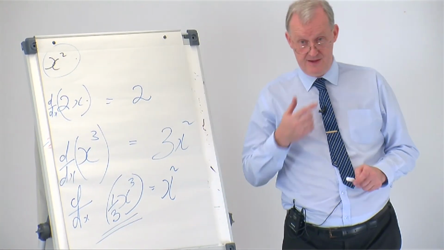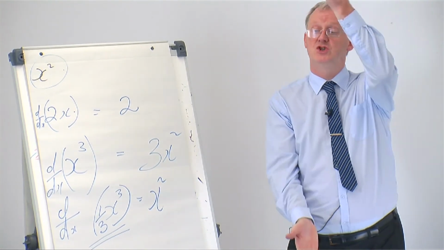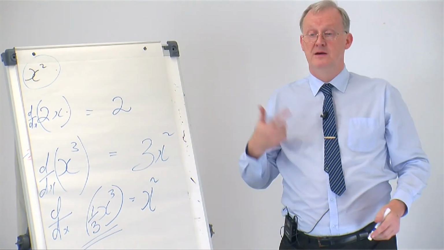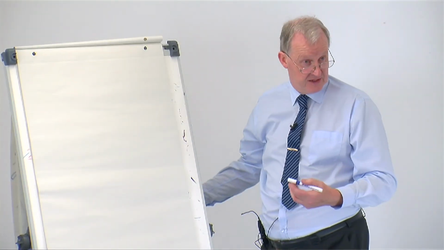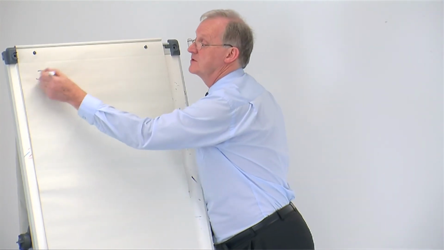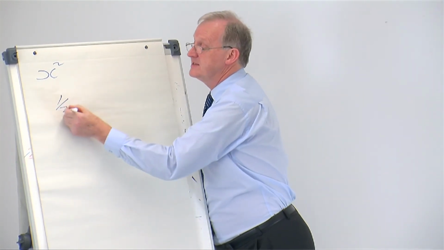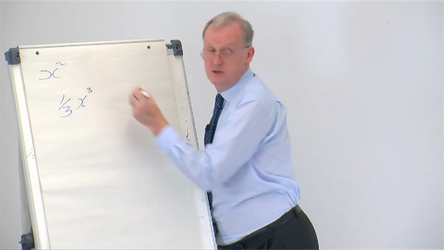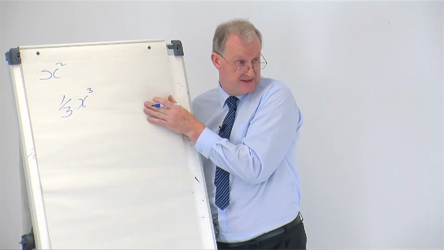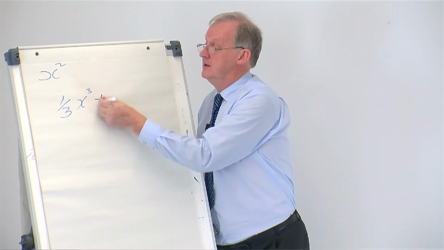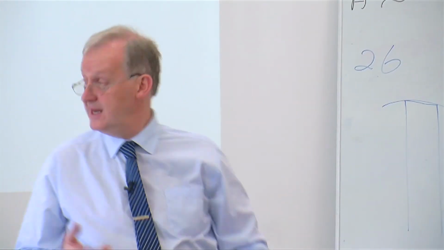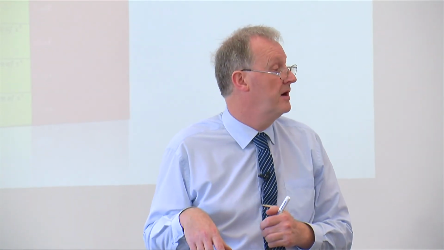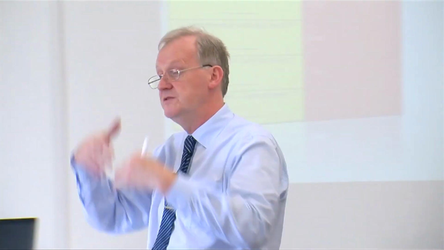What do they look like? How do you get a shift? Constant. So actually, what is the perfect antiderivative of x squared? Yes, it's a third x cubed, but there isn't one answer. There's an infinite number of answers. What do they all look like? Parallel to a third x cubed, or if you like, a third x cubed vertically shifted.